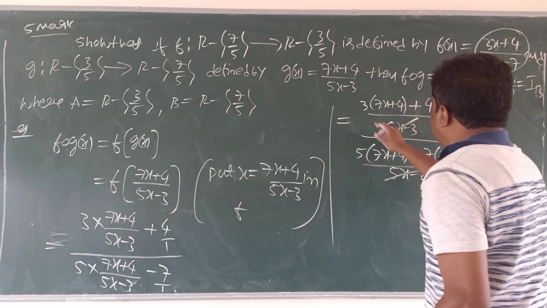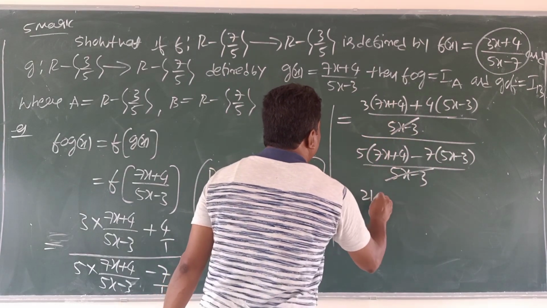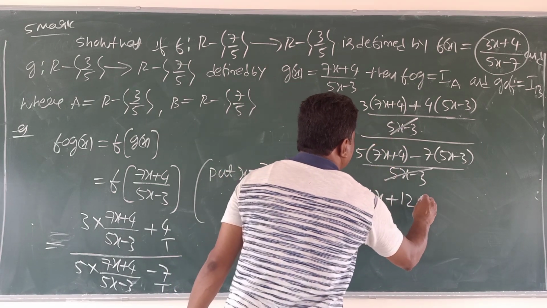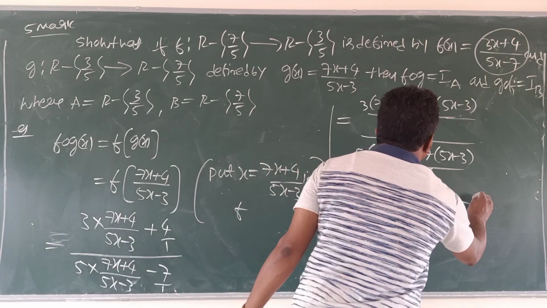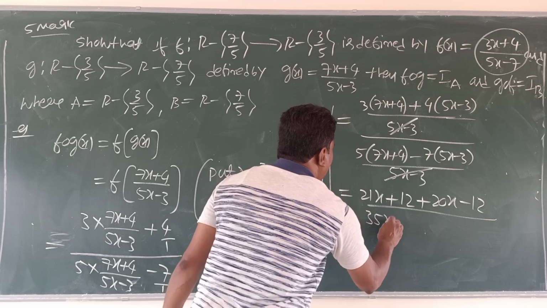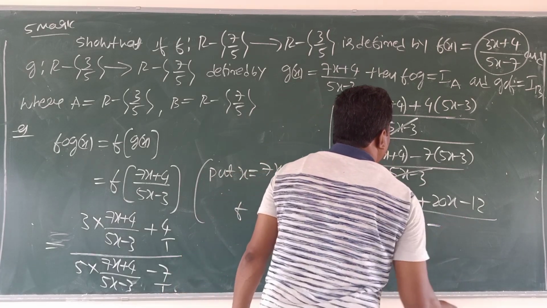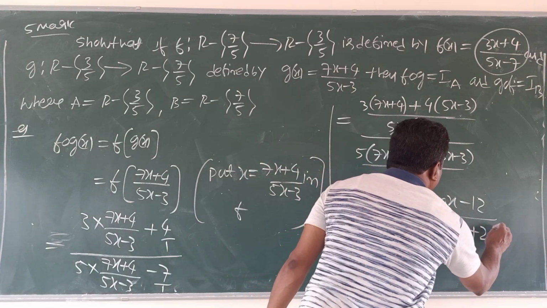These two get cancelled. Simplify. 7 3s are 21x plus 4 3s are 12. 4 5s are 20x minus 4 3s are 12, by 7 5s are 35x plus 5 4s are 20, minus 7 5s are 35x plus 21.